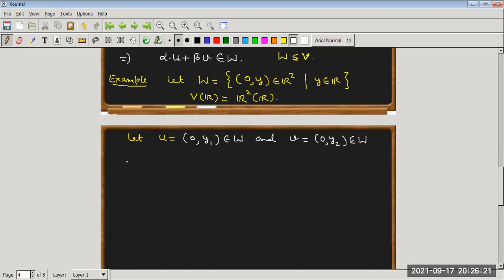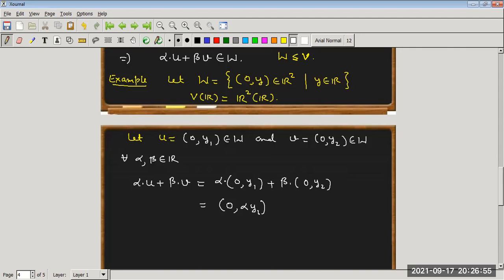Now we have to show that for all alpha, beta in the field, which is the real numbers, alpha u plus beta v belongs to W. So alpha times (0, y1) plus beta times (0, y2), and this is how we multiply a vector with a scalar. Alpha times 0 is 0, alpha times y1 is alpha y1, because both are real numbers and the product of two real numbers is again a real number.